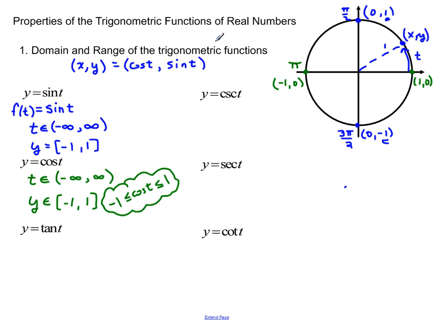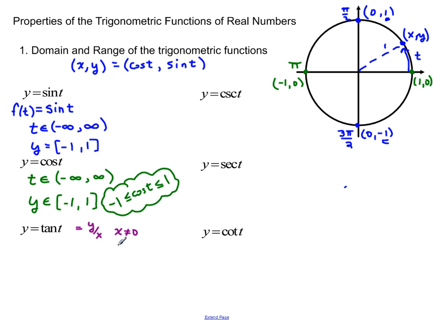All right, how about tangent? Well, this one's a little bit different, but if we look at tangent here, y equals tangent of t, how do we find it? Tangent of t, we're defining to be, from our unit circle, the ratio of y over x. So this is okay, except at any values where x is equal to 0. So where have we got zeros right here?